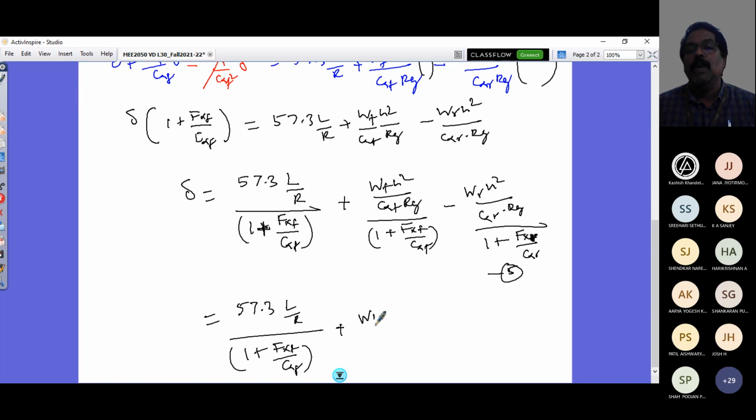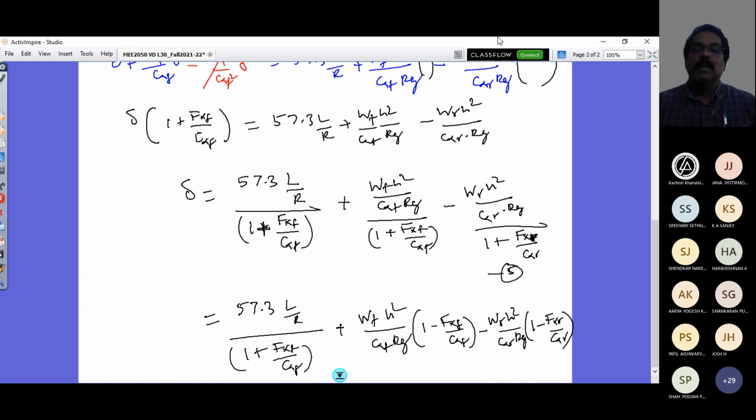So that's going to be WF U squared by C alpha f RG into 1 minus Fxf by C alpha f, minus WR U squared by C alpha r into RG into 1 minus Fxr by C alpha r, right?